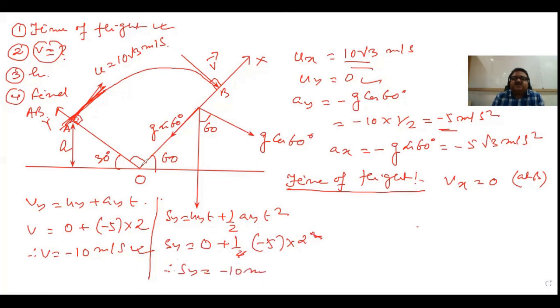That means this is -10. So what is the value of this? I can easily find that by this calculation. This is height, this is hypotenuse. So h by hypotenuse, that is 10 meter, is equal to sine 30, and h equal to height by hypotenuse, sine 30 means half, that is 5 meter.